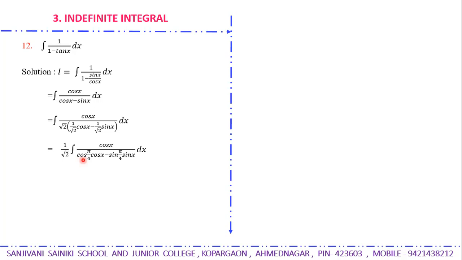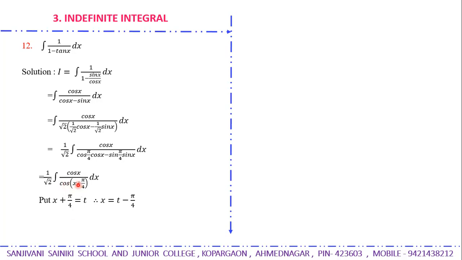So cos a cos b minus sin a sin b is cos of a plus b. Now the derivative of cos is minus sin.